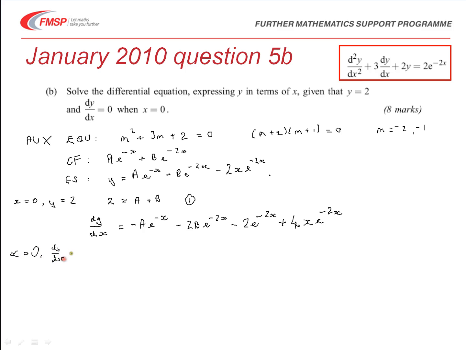So we can substitute those two conditions in here, and we're going to get 0 equals, well again, e^(-x) when x is 0 is 1, so we get -a - 2b, and then we get a -2, and then this last term, because of the x being 0 here, is 0. So this is our second equation.